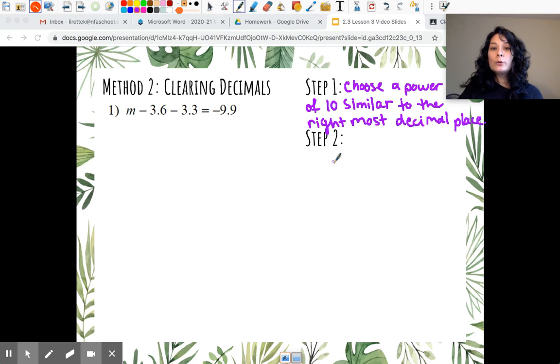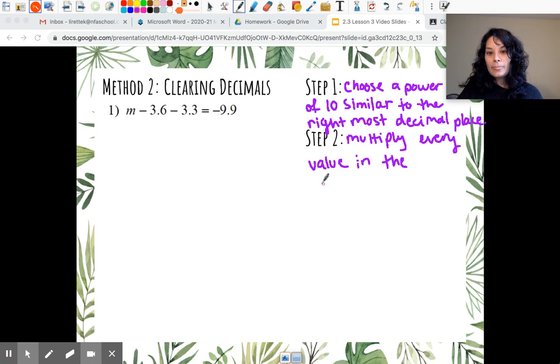And then step 2 is the same thing as step 2 when clearing fractions. We multiply every value by that number. So multiply every value in the equation by that power.